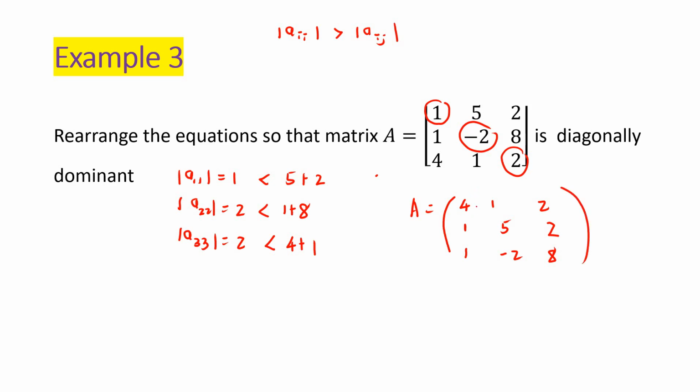Now when you observe, 4 is greater than 1 plus 2, 5 is greater than 1 plus 2, 8 is greater than the magnitude 1 plus 2. So now this is diagonally dominant.